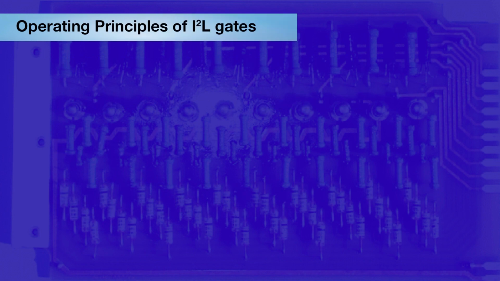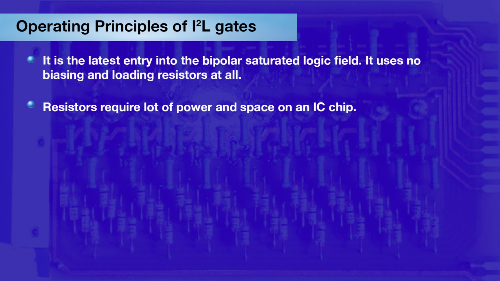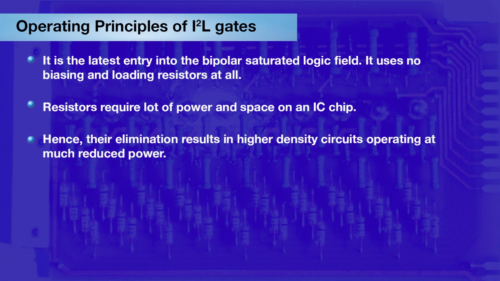The operating principle of the I2L gate: it is the latest entry into the bipolar saturated logic field. It uses no biasing and loading resistors at all. Resistors require a lot of power and space on the IC chip, hence their elimination results in higher density circuits operating at much reduced power.